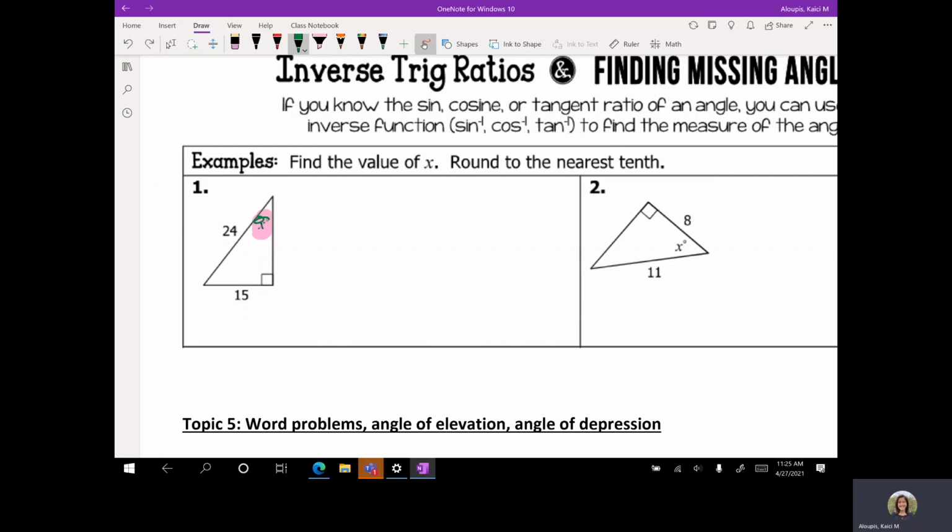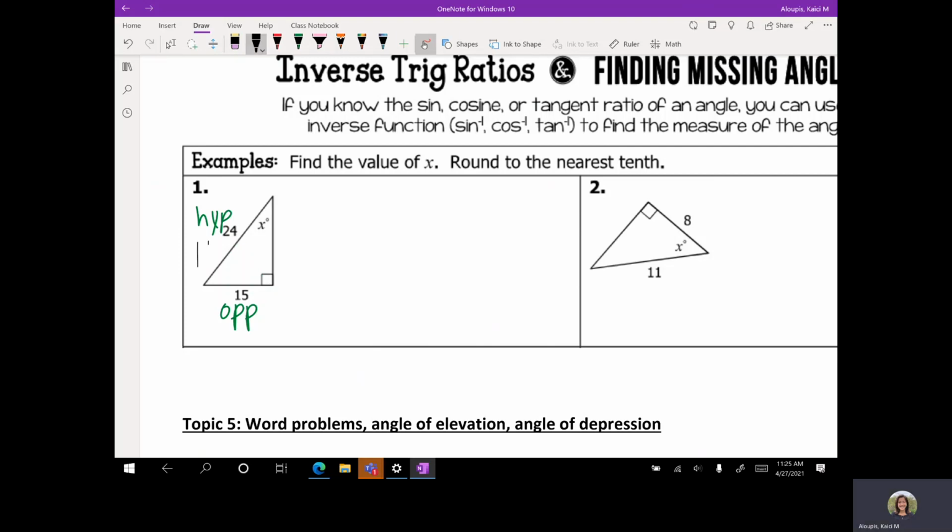From angle x, I draw my line through the triangle to the opposite side, and I hit the 15. So the 15 side length is opposite. Here I am at my right angle. The opposite side of my right angle is the hypotenuse. So I have the hypotenuse side and the opposite side of my angle x.